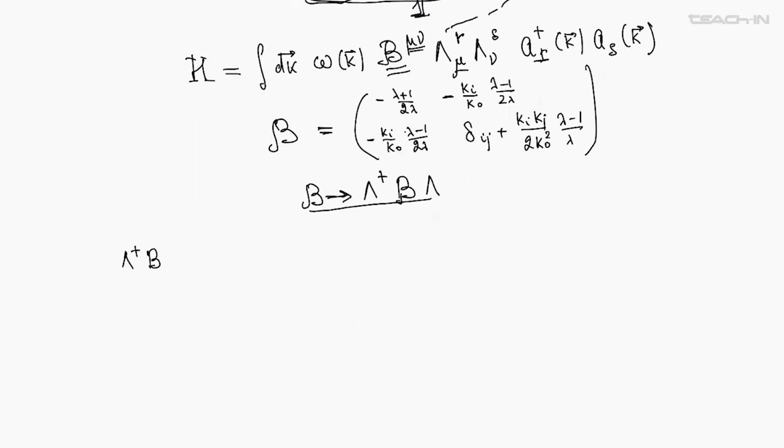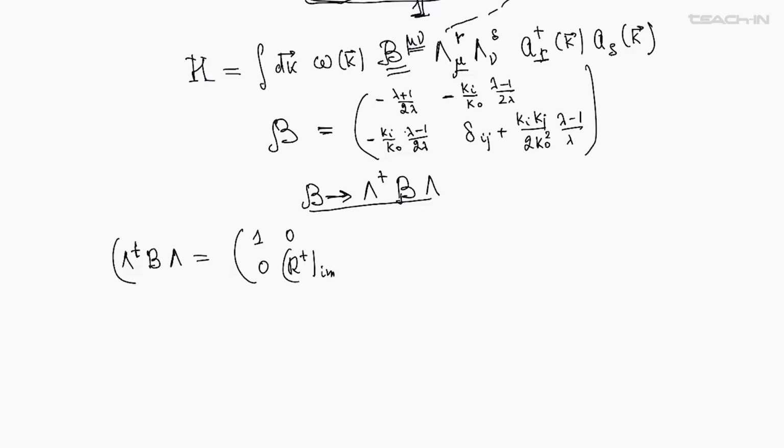Lambda transpose B lambda is a matrix of Lorentz transformation 1, 0, 0, R transpose with indices, say, i, m. So I take indices i and j.